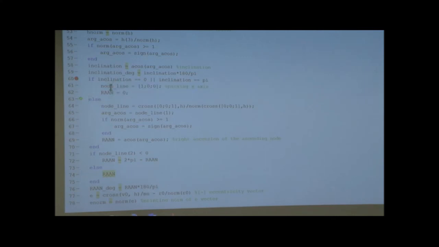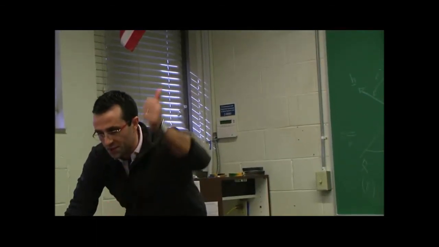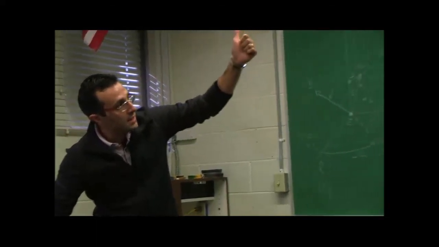Then, special cases. If the inclination is 0 or pi, I am just forcing the line of node vector to be x. See that? Picking the x-axis. Otherwise, I compute the node line, as I said, the cross product of z, 0, 0, 1 being the z-axis, and h normalized.